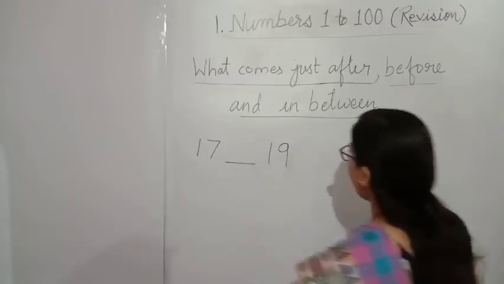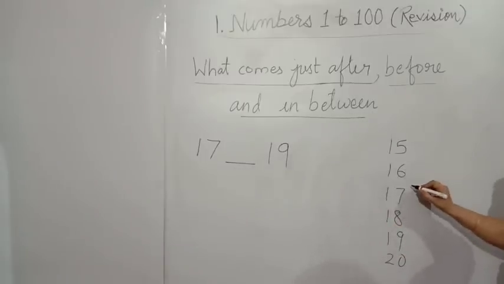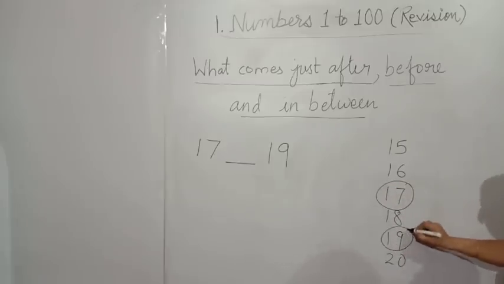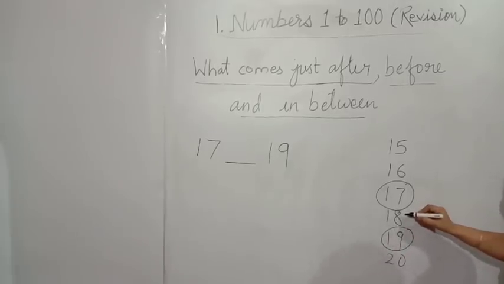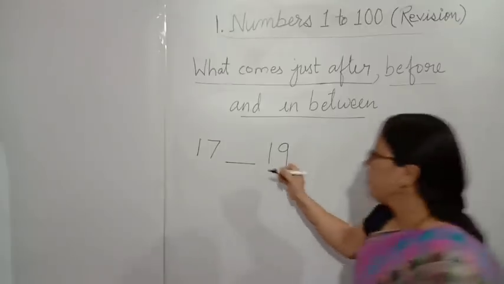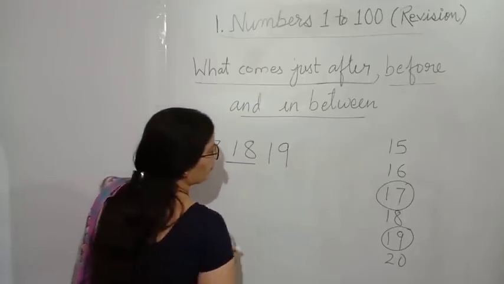We have to write the number which comes in between 17 and 19. Which number comes between 17 and 19? It is 18. 17, 18, 19.